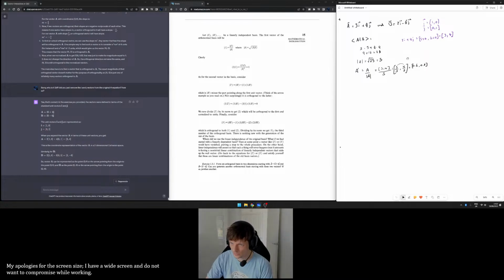Is equal to 3 over 5 and 4 over 5, which equals 0.6, 0.8.